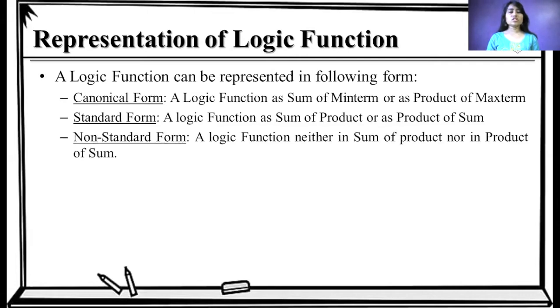Third, non-standard form, a logic function neither in a sum of products nor in a product of sums. So using these forms we can represent any kind of logic function. Let's discuss one by one what is canonical form, standard form and non-standard form.